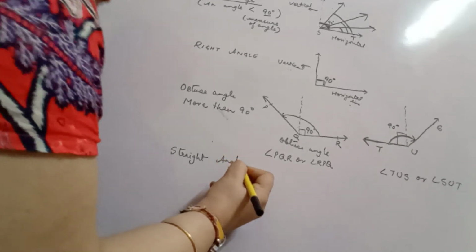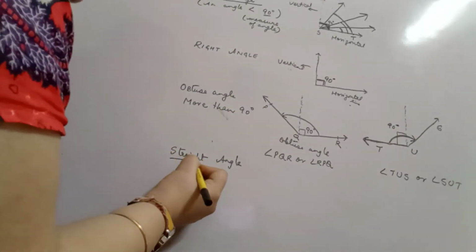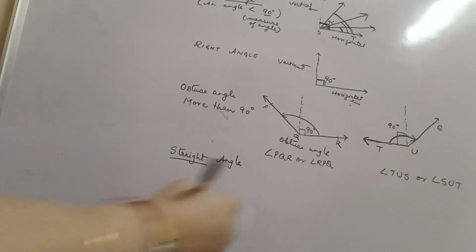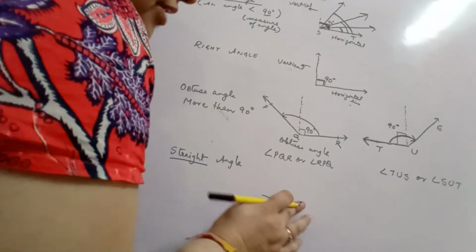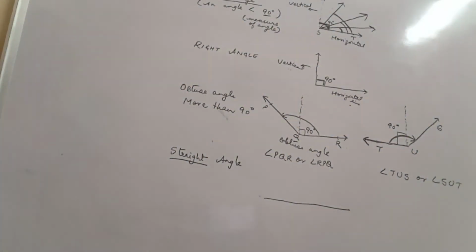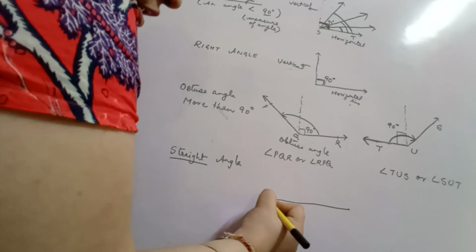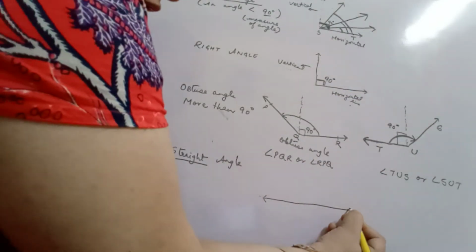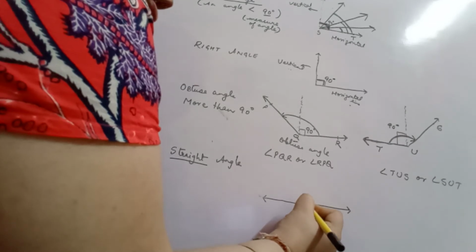It is the straight angle. As the name suggests, straight. So what do you mean by straight? Straight means a horizontal straight line, putting an arrow on both the sides and putting a dot.